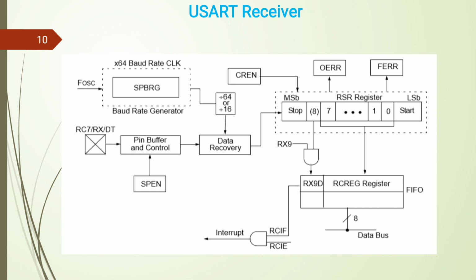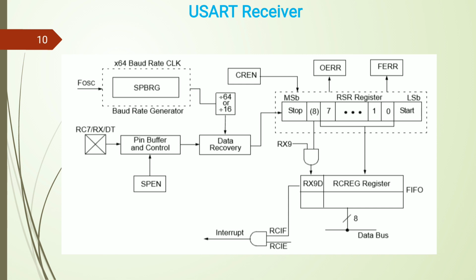As we have discussed the transmitter side, here we need to discuss the receiver side. In the receiver side, the data is received at the RC7 pin, that is the RX pin, and after that it will be buffered initially at the buffer and control section, where reception is allowed by making SPEN, serial port enable, equal to 1.